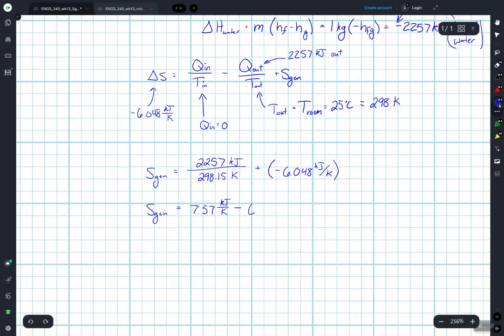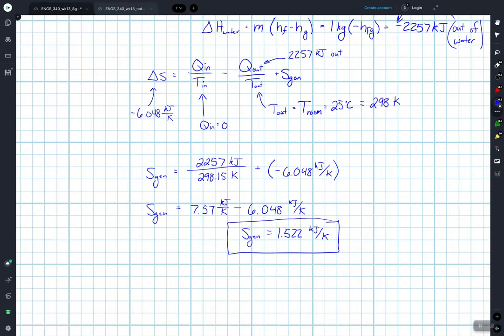The water is decreasing in entropy by 6.048 kilojoules per Kelvin. So the net effect is that S gen is a positive number, and it is 1.522 kilojoules per Kelvin.